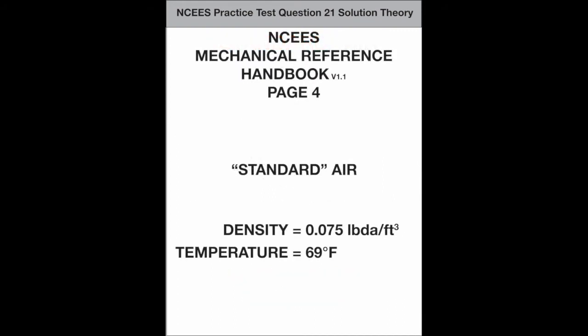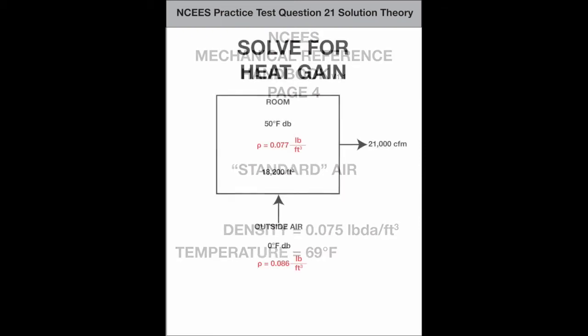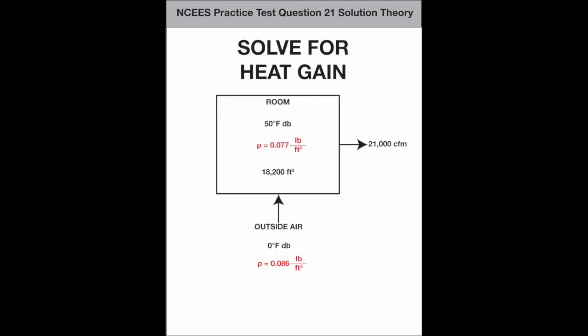Look up in the NCEES Mechanical Reference Handbook on page 4 to see that standard air has an assumed density of 0.075 and temperature of 69 degrees Fahrenheit, and obviously a sea level altitude. Notice density is given in this problem. This indicates that the air should not be considered standard.